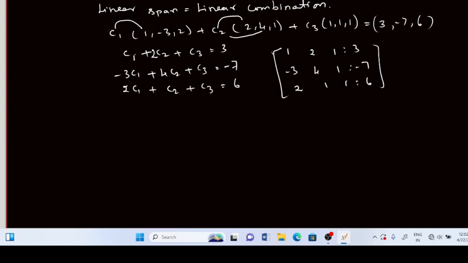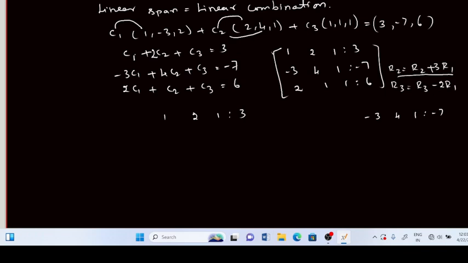To simplify, we write R2 as R2 plus 3 times R1, and R3 as R3 minus 2 times R1. The first row we write as it is: 1, 2, 1, 3. For R2, which is minus 3, 4, 1, minus 7, we add 3 times R1.